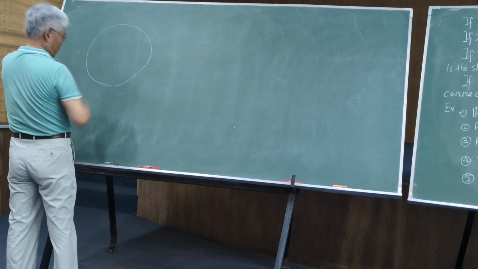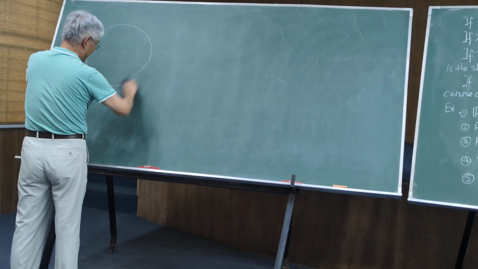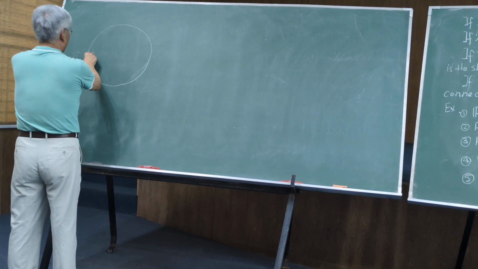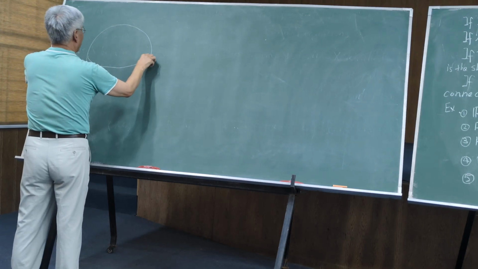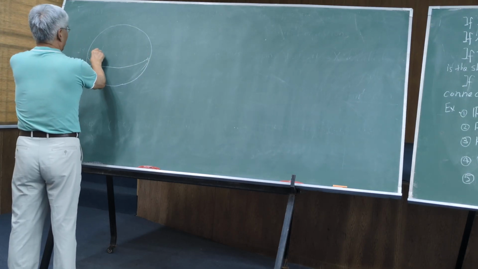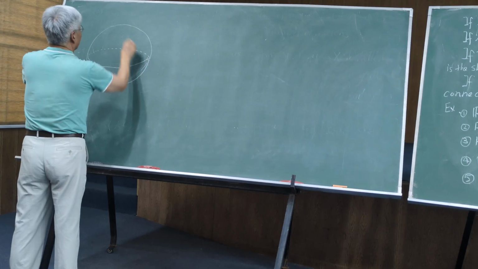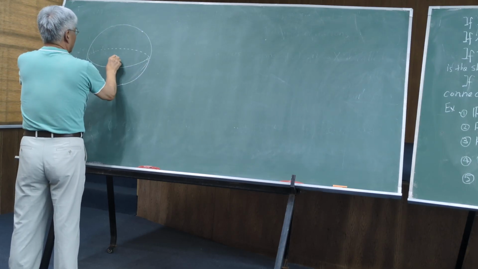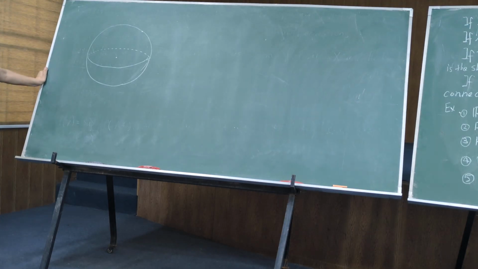Let us assume that this is a circle, and that is another circle which you can imagine is the equator. You have any point here, and the unit sphere has a center, which is the origin.